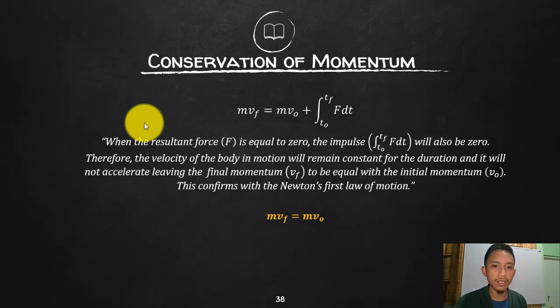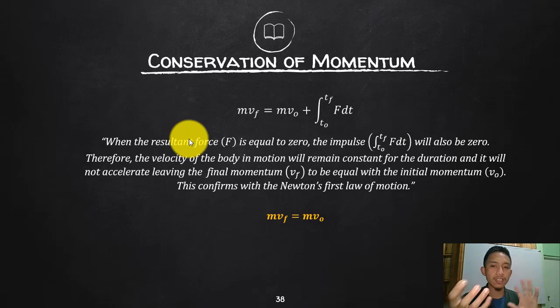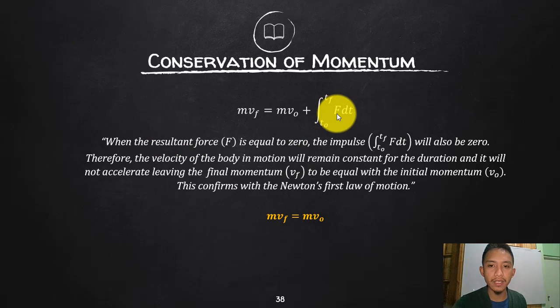Okay, if you try to get the resultant of all these external forces, and you end up with 0, what you expect in the value of the impulse is that even if you have integration, if your resultant f is 0, the result of your impulse is also 0. Therefore, that leaves us with the final velocity still equal to the initial.